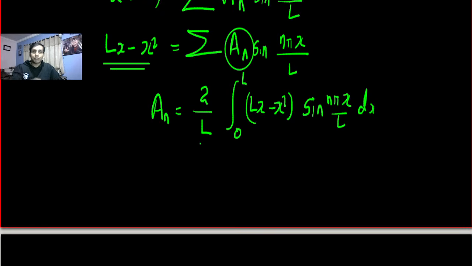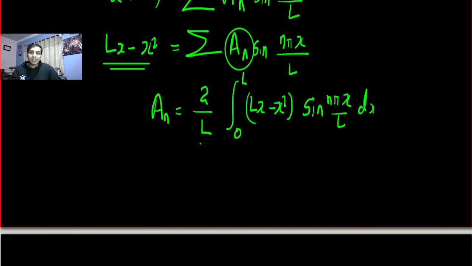Those who have watched Fourier series will understand we have to apply Bernoulli's integration trick, because we have a polynomial multiplied by sine. And there are 3 types of Fourier problems that they keep on asking: polynomial, exponential, and trigonometric. Anyway, this comes under medium level classification.